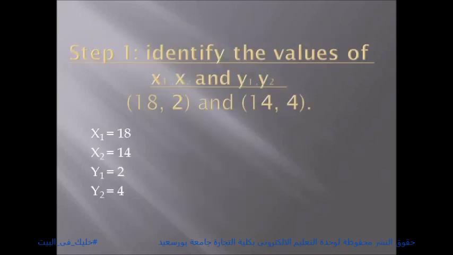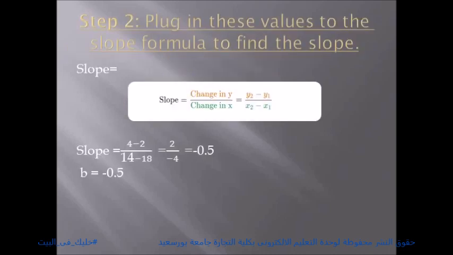Let us start using points number 1 and 2, (18, 2) and (14, 4). Step number 1, identifying the values of x1, x2, y1, y2. x1 equals 18, x2 equals 14, y1 equals 2, y2 equals 4. Step number 2, the slope.